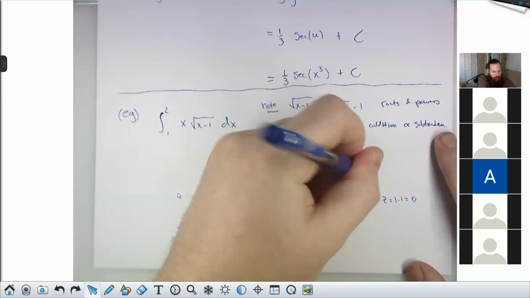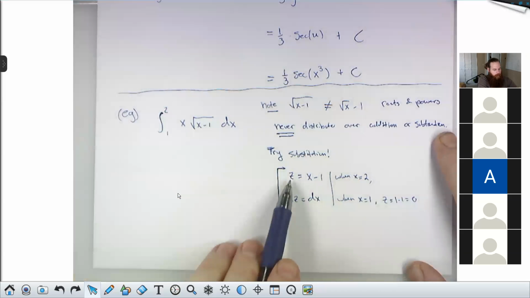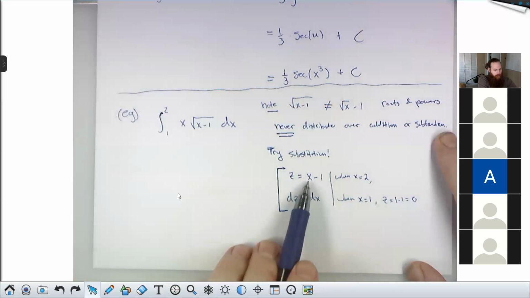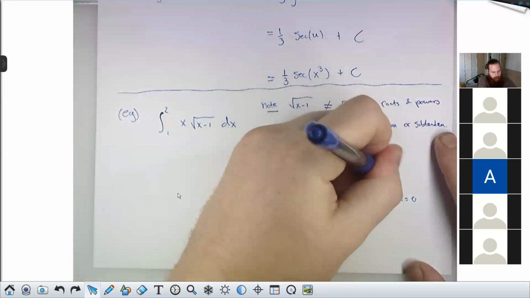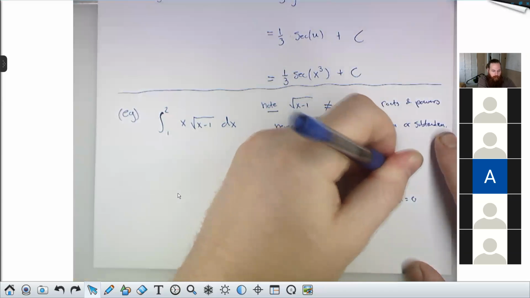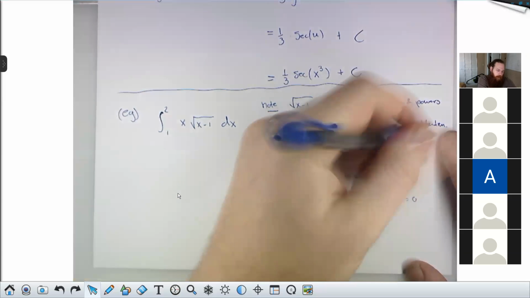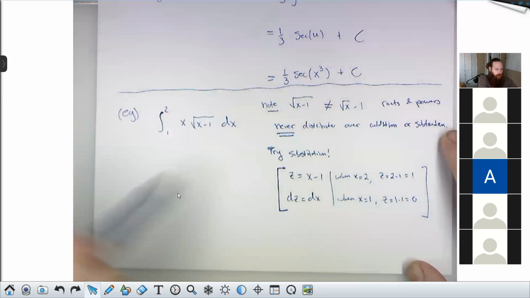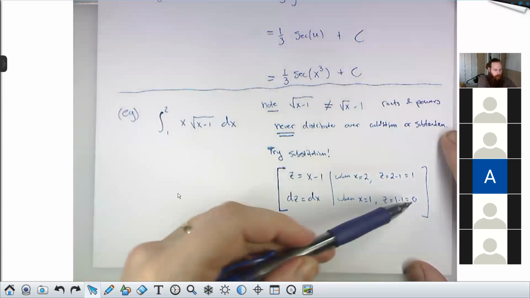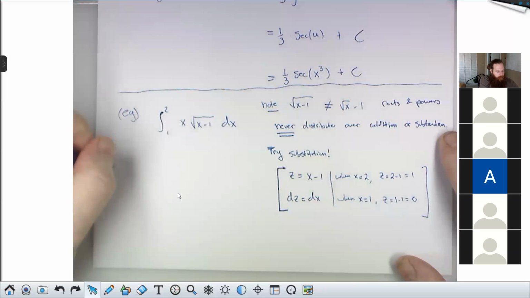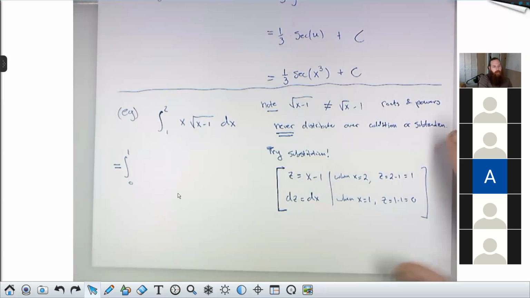When x is equal to 2, I look at my substitution here and I just plug in 2 for x. When x is equal to 2, z is equal to 2 minus 1, which is 1. So my old integral went from 1 to 2. My new integral will go from 0 to 1. And unless I change the bounds, these are not equal to each other. So you must change the bounds.